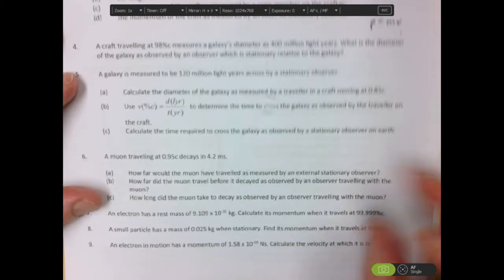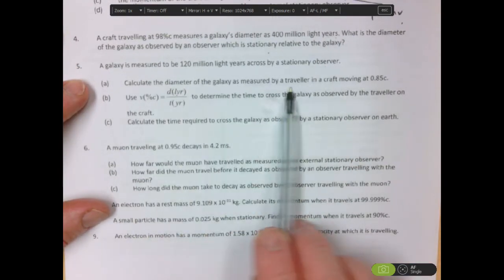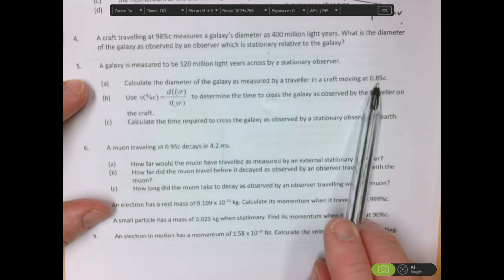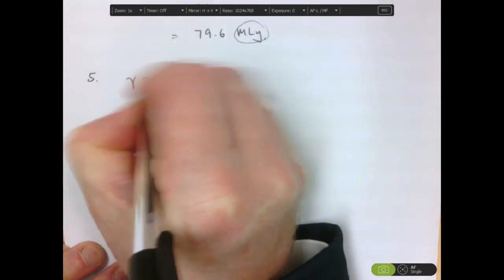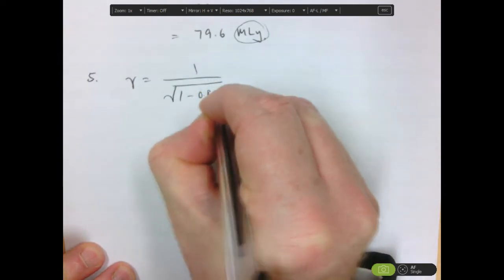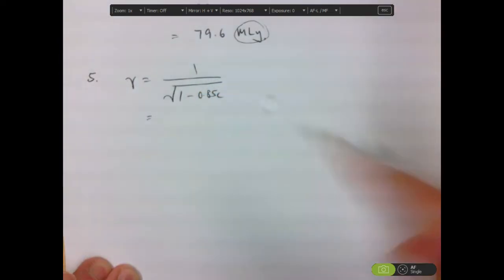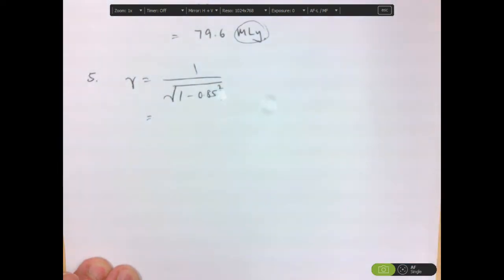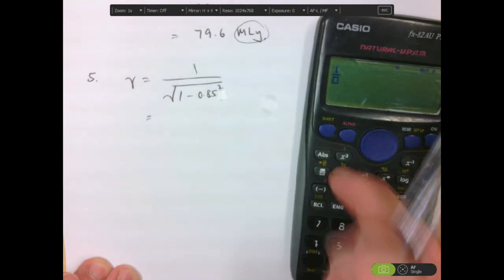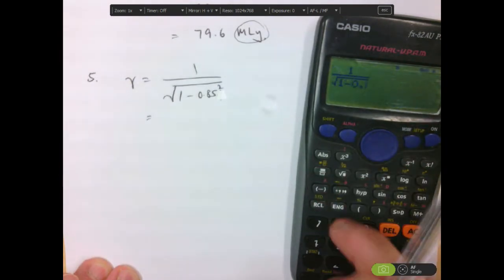Okay, so let's work it out. You're going to calculate the diameter of the galaxy as measured by a traveller at 0.85 c. What we need to do firstly is get the gamma factor. So the gamma is 1 over the square root of 1 minus 0.85 squared.